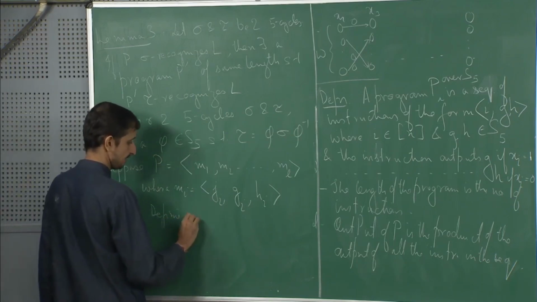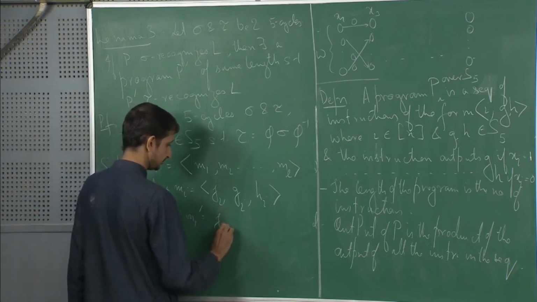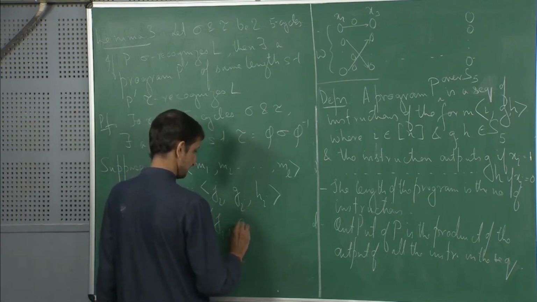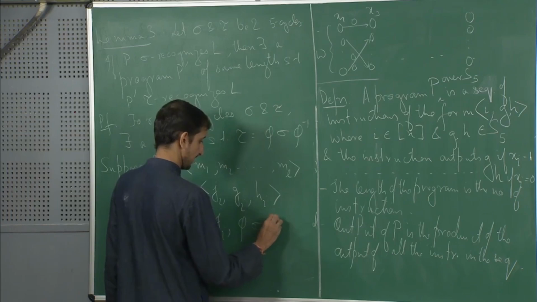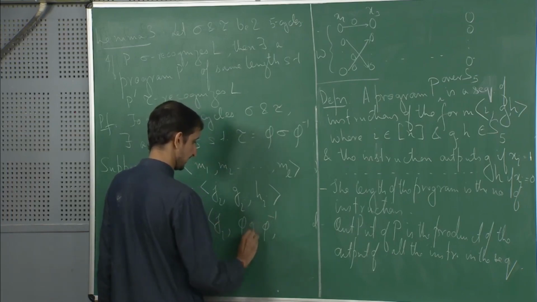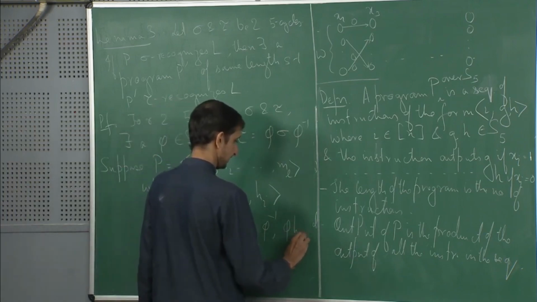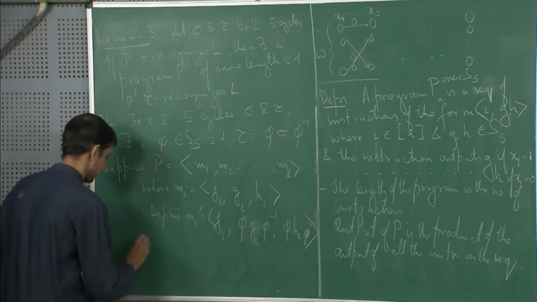Now we define Mi prime to be Ji, phi Gi phi inverse and phi Hi phi inverse.